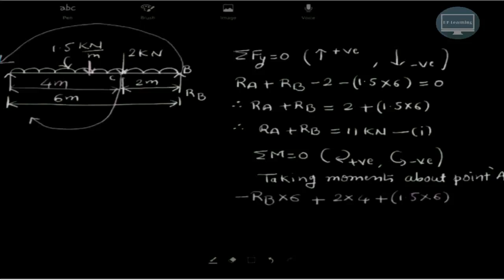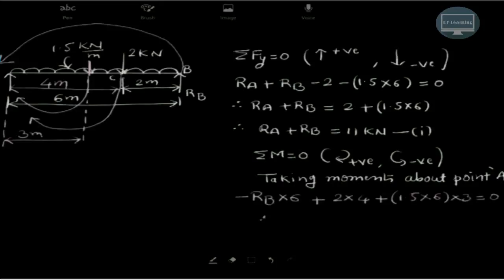So this distance that we are considering is 3 meter. So we have converted this UDL into a point load. This UDL load will also produce a clockwise moment. So it is 1.5 into 6, that is the total UDL load, multiplied by 3.